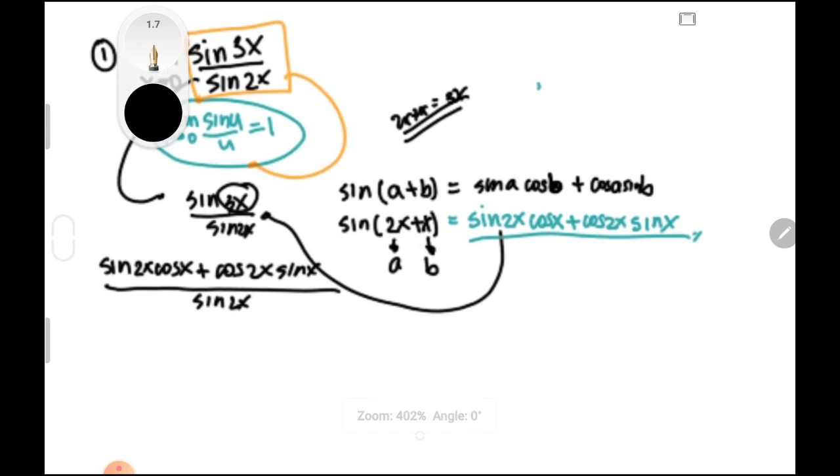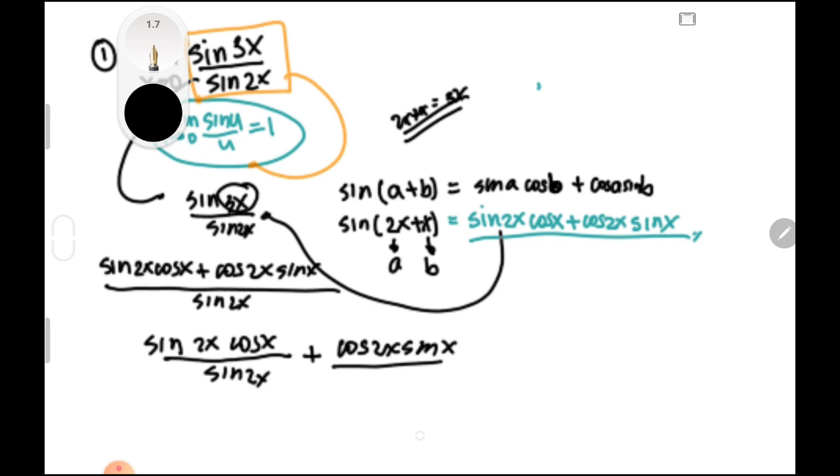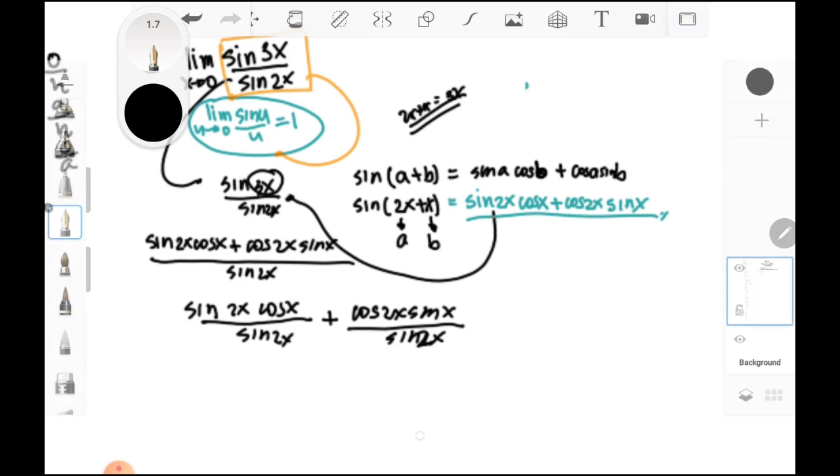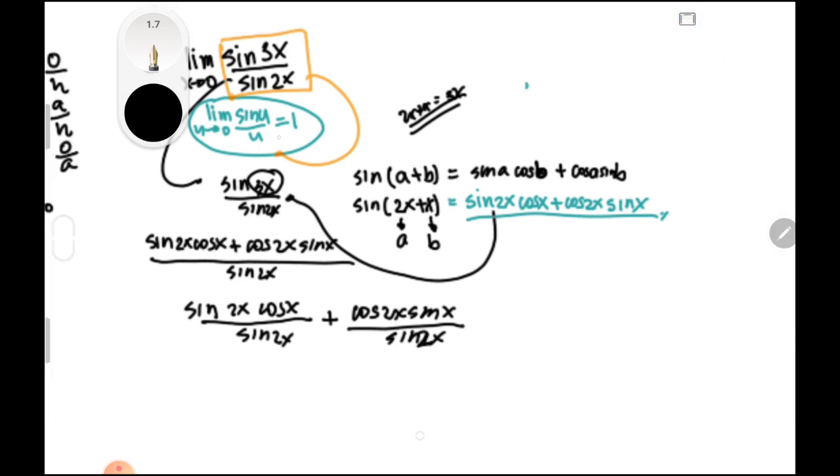By further manipulation of this equation, we will have sine 2x cosine x divided by my sine 2x plus cosine 2x sine x divided by sine 2x. Take note that this can be written into this one, okay? So by manipulating, I can see that I have a similar value, right?